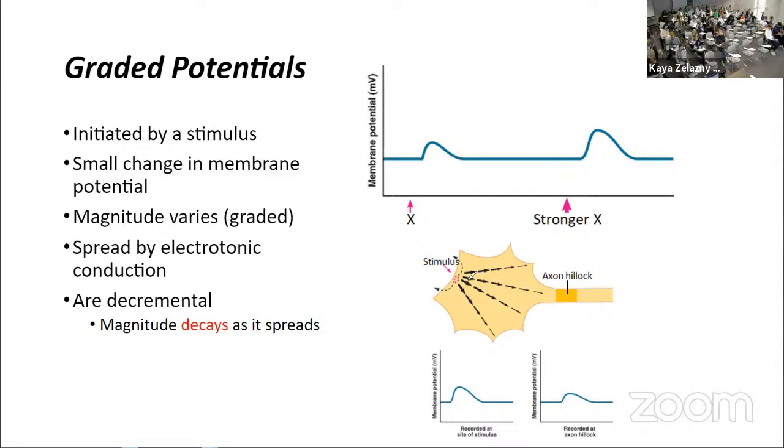That change in charge is getting smaller depending on where we record it. So if we record here near the stimulus, we see a bigger change to the membrane potential than if we record it here at the axon. So it's going to decrease as we move.